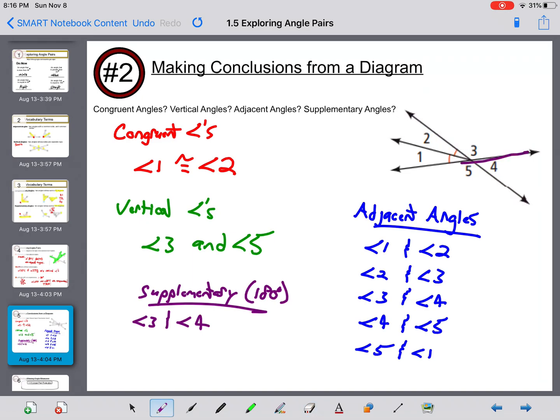I also see that angle 4 and angle 5 create a straight line. Another straight line I see is right here, 1 and 3. The only issue is that this isn't a pair of angles that are supplementary. These are three angles that equate to 180 degrees. So we'll leave that out for now.